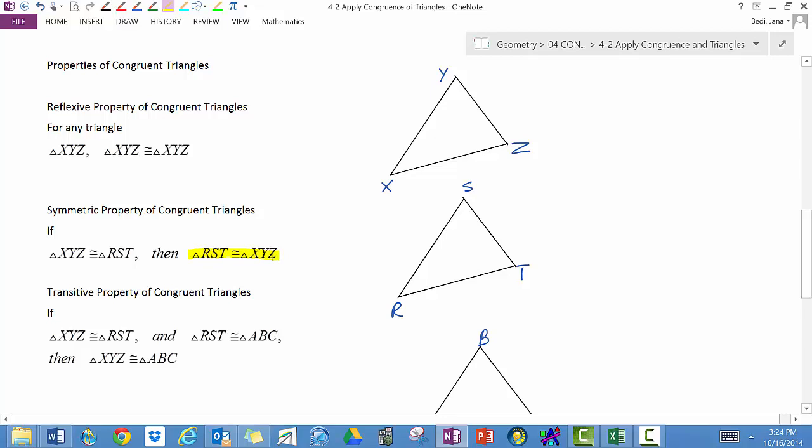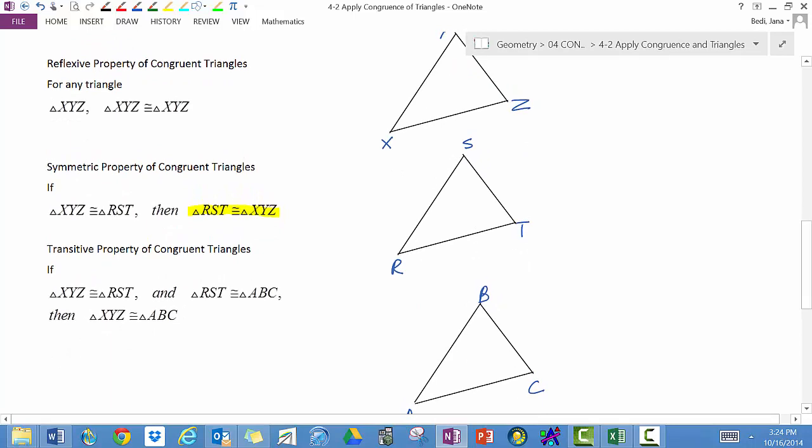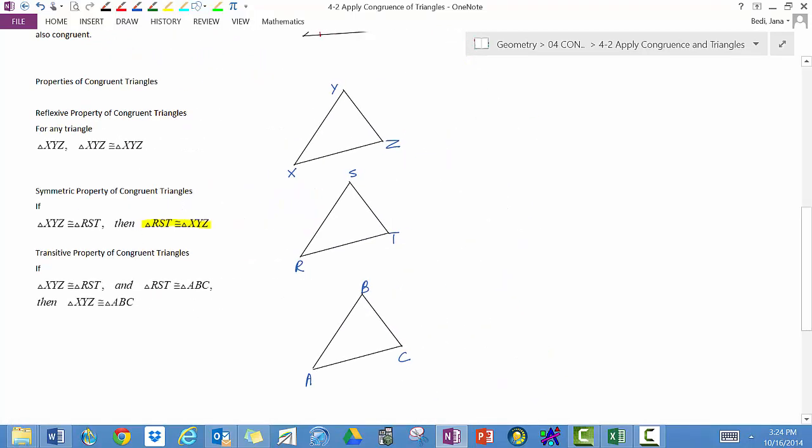In the symmetric property, you just switch the position around the congruency sign. The transitive property will involve three triangles. Here you see that if triangle XYZ is congruent to RST and RST is congruent to ABC, then we can say XYZ and ABC are congruent.